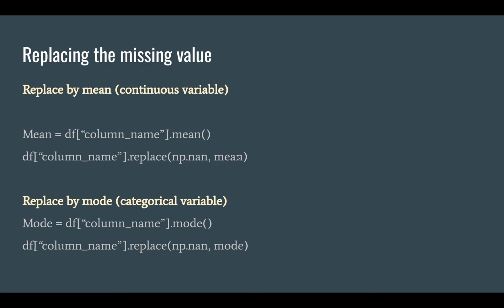You might be wondering, what if we have categorical variables? The values cannot have a mean. In this case, one way to do it is to get the mode and try to use the mode for NaN.